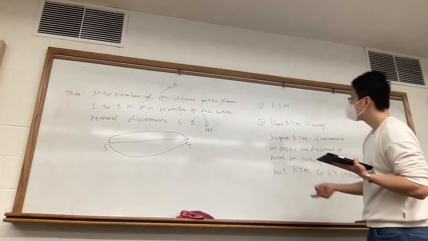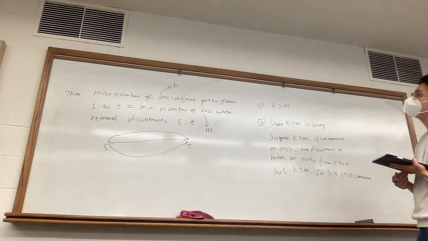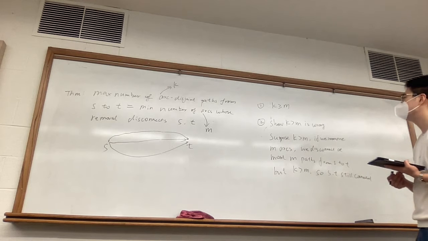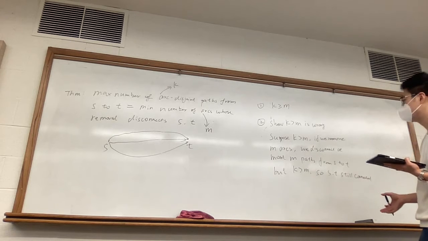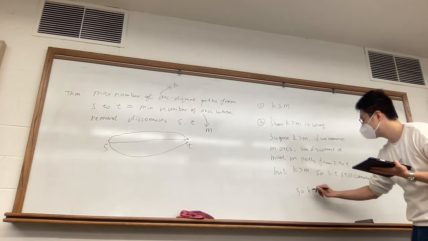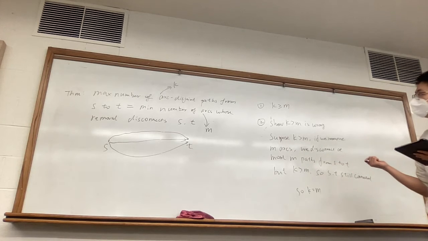Right. So in this proof, we first show that K is greater than or equal to M. And then I show that if K is strictly greater than M, this is impossible. So K equals M. We are done.